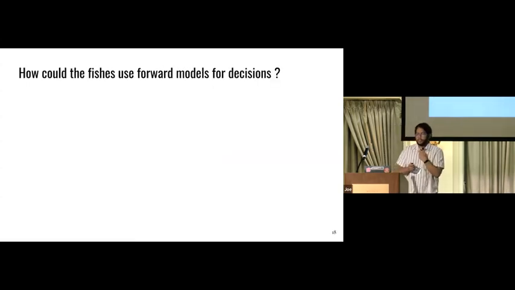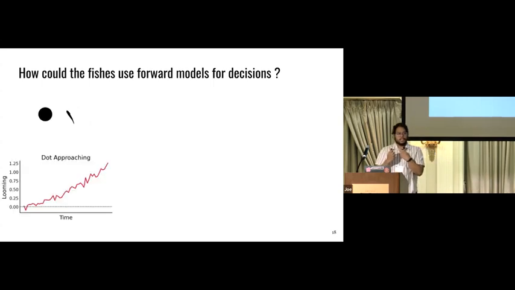So we decided to check how fishes could be using these forward models for these decisions. So imagine you're a fish. Again, this is probably the third time I'm telling you to imagine you're a fish, but bear with me for a few more moments. If you're stationary and you see something approach you like this, you would expect a stimulus of looming like this, what you see on the graph below, like you would expect it to increase as time goes.